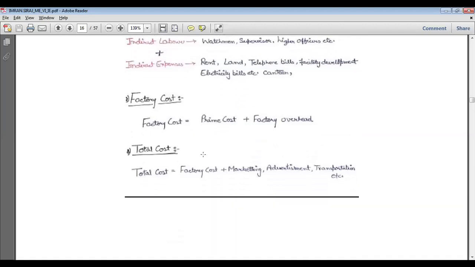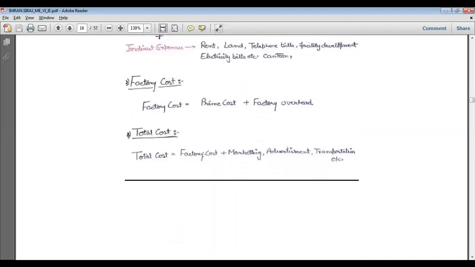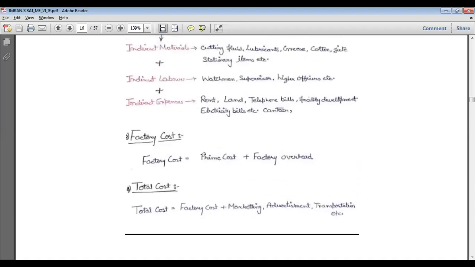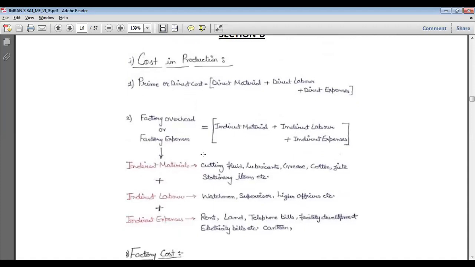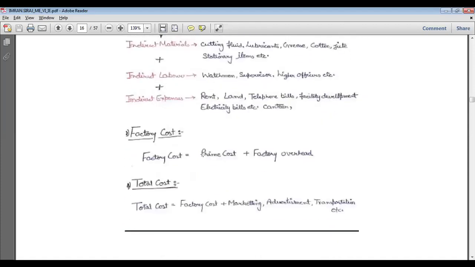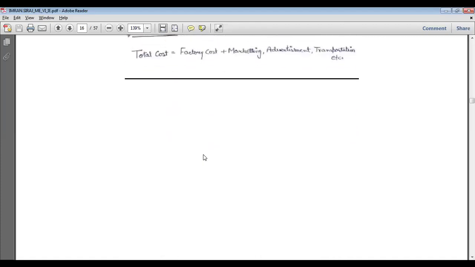Then we have total cost. There are marketing, advertisement, transportation, etc. These are the costs that are associated with the production, and they are outside the factory or manufacturing facility. So these are also added in order to get the total cost. So first we have prime or direct cost, then factory overhead or factory expenses, then factory cost, and then fourth is total cost.